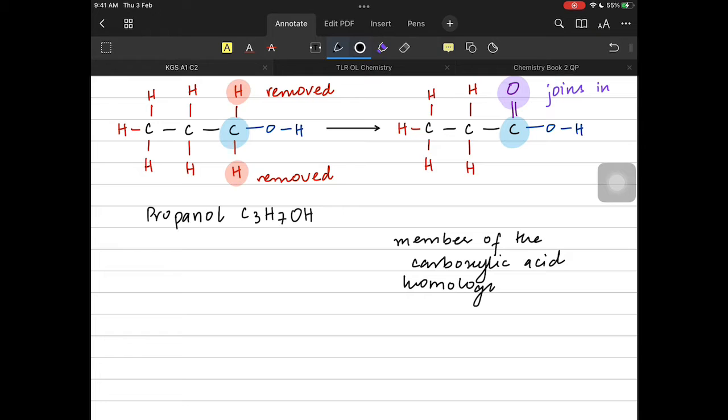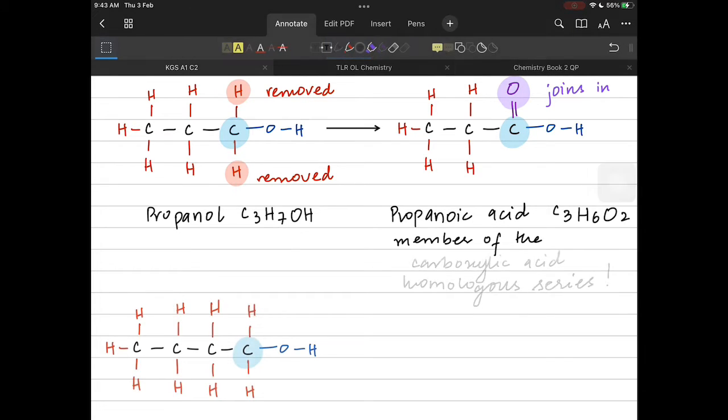So it's not a part of the alcohols anymore, it's a part of the carboxylic acid homologous series. We have to notice that it still has three carbon atoms, so the name is propanoic acid. Similarly, we can do this process with any other alcohol. For this particular compound, the formula becomes C3H6O2.